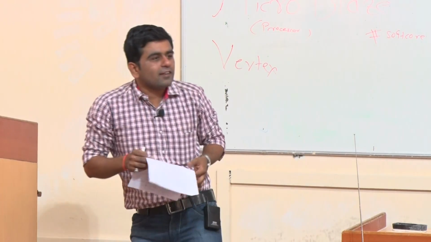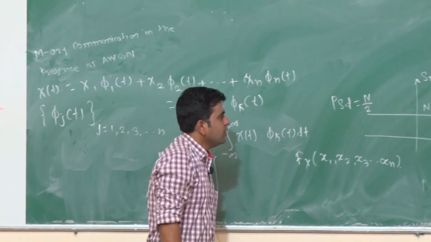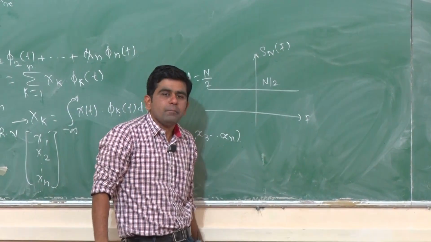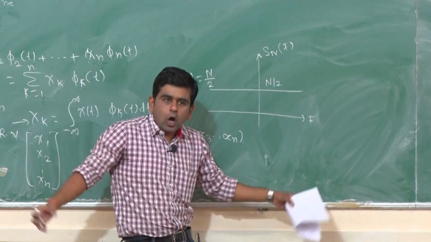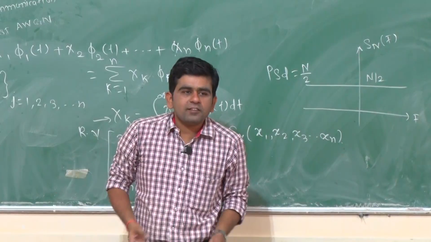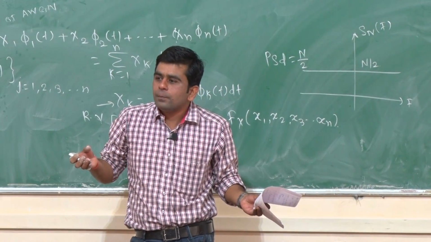But in this case, we have to represent the noise, which is a white noise having a uniform power spectral density with the height capital N by 2 for all frequencies. The bandwidth of this one is infinite. So to represent this white noise, how many basis functions are required?